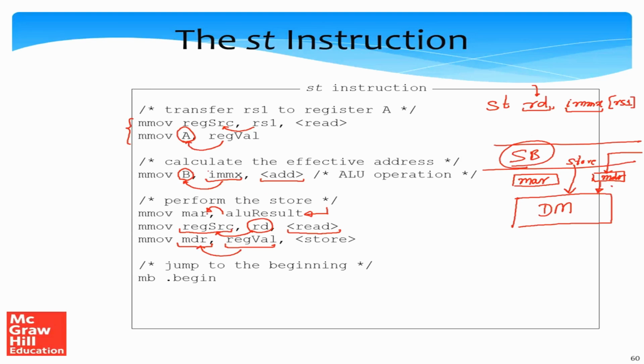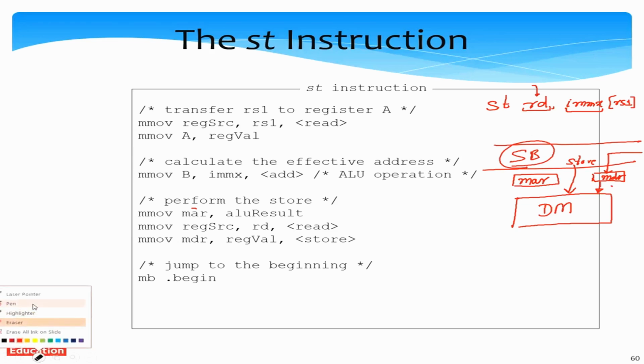Since the memory address has already been populated in advance by the contents of an ALU operation, now we are reading the next operand, which is RD, reading its contents from the register file and transferring it to the memory data register, which contains the data that needs to be written to the data memory in a store operation.